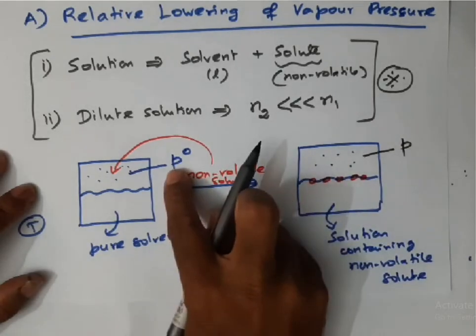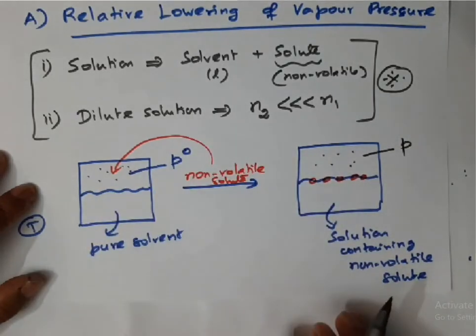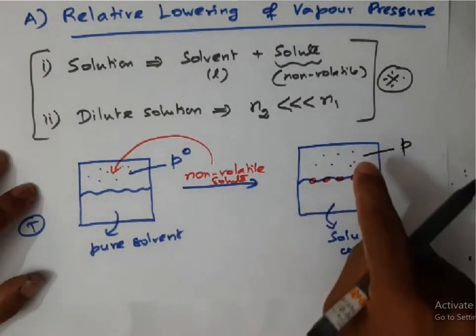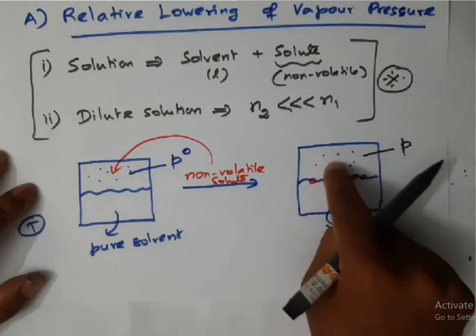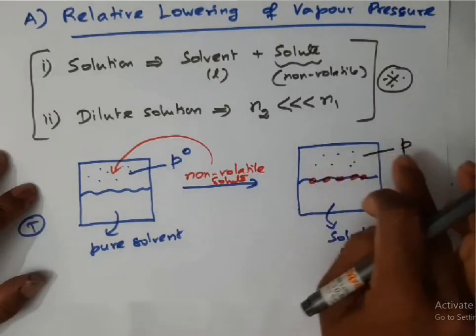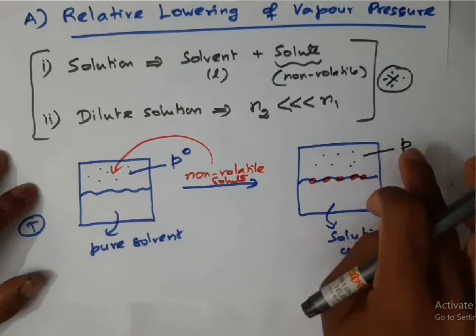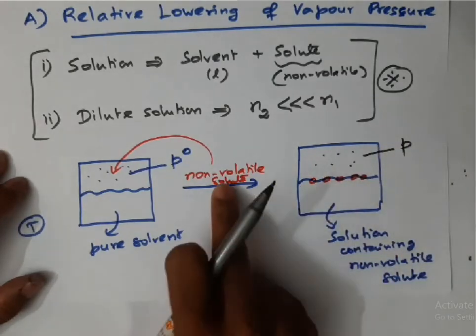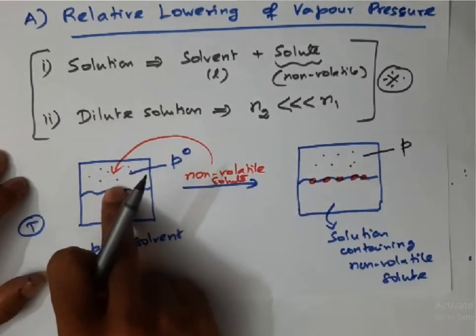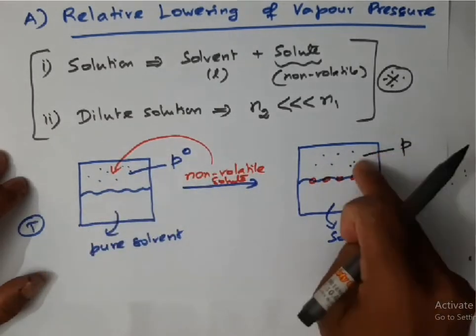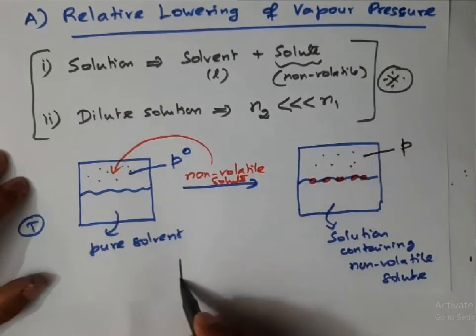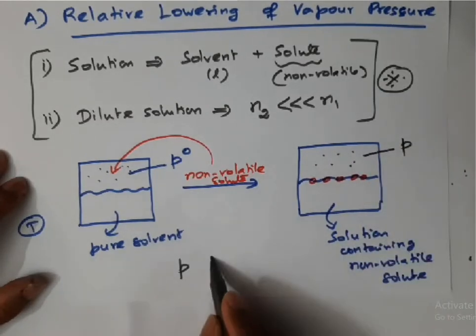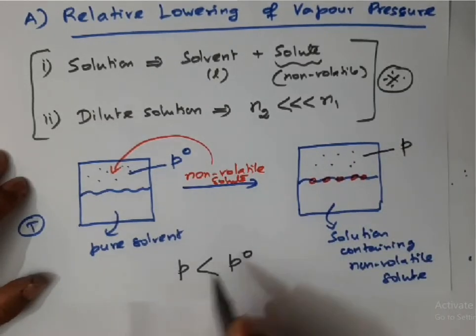P naught means vapor pressure of pure solvent. Remember, student, here the number of solvent molecules in the vapor phase is less. Therefore, the vapor pressure of the solution is also less. So whenever you add a non-volatile solute in a solvent, the vapor pressure of the solution will be less. Vapor pressure of the solution is less than the vapor pressure of pure solvent.